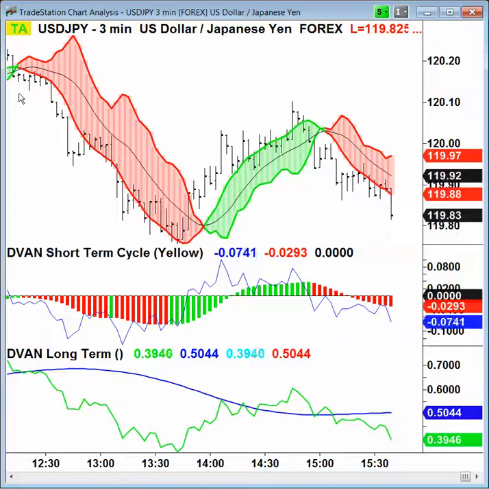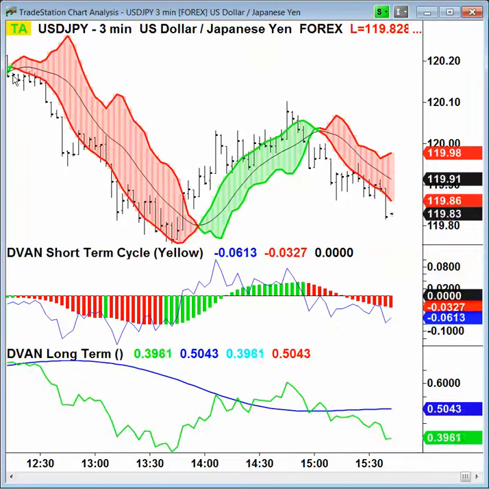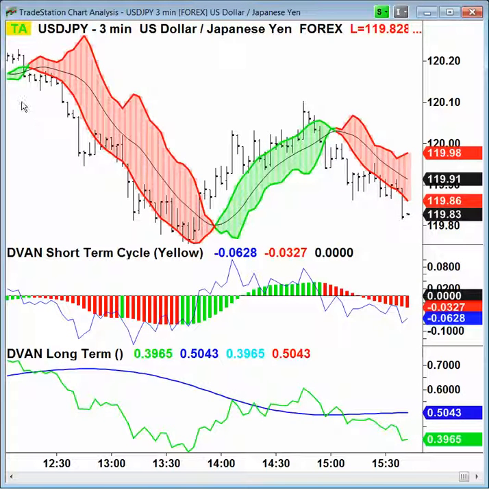So the things that we look for: prices to close below the pivot line. That's signaling to us that support has been breached and we're looking for continuation of a downtrend. We also want to see the leading line in the short-term cycles go below zero.